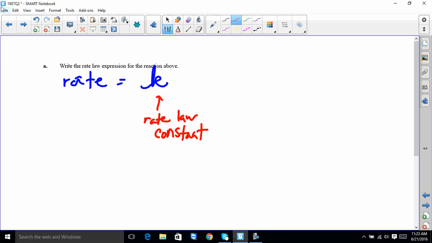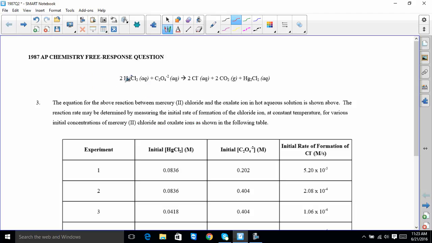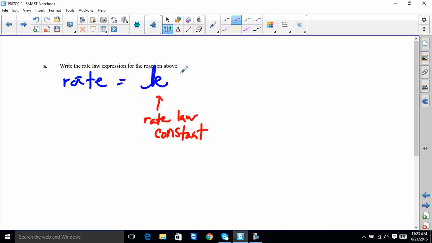But if you go back, as I flip back and forth, the reactants are HgCl2 and the oxalate ion. This must be a net ionic equation. And so what happens is we know that the first reactant is HgCl2, and we need to figure out what its order is.